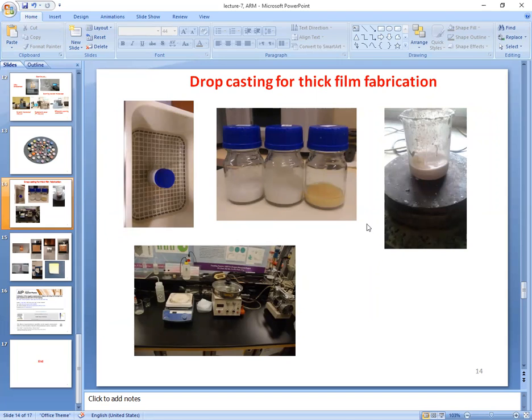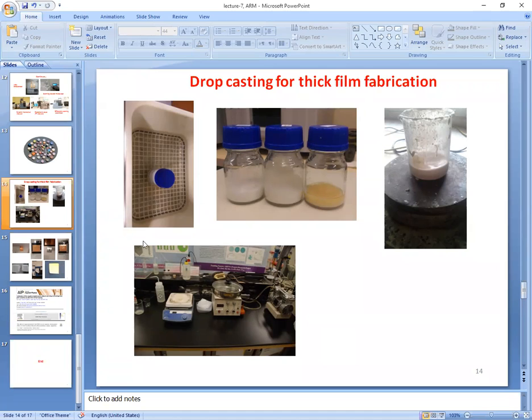These are basically piezoelectric polymers. We will study these materials in the next course in detail. So we have to make some composite films, thick films. These are the actual pictures of what we have done.